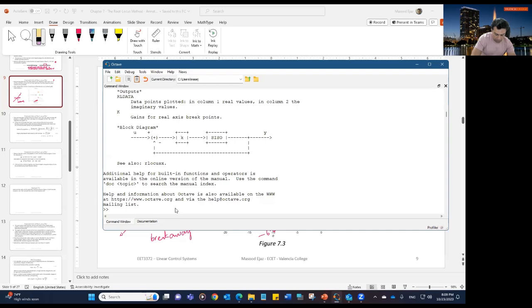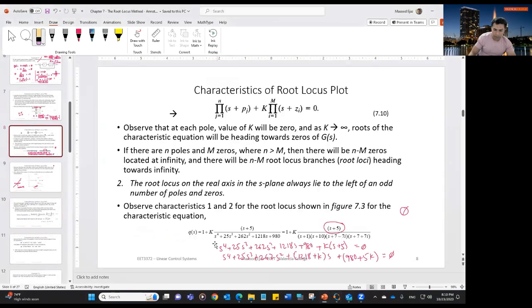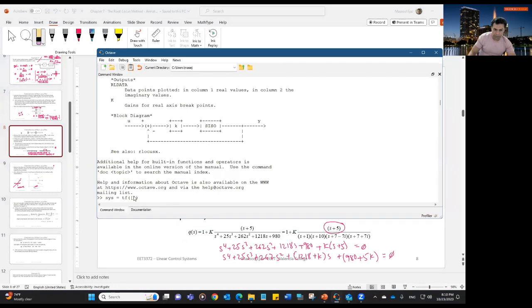Your transfer function is equal to transfer function. What do we have? s plus 5, so 1, 5.